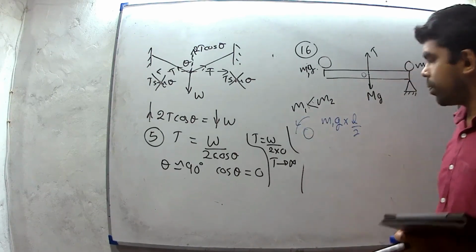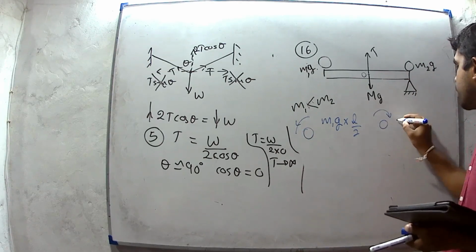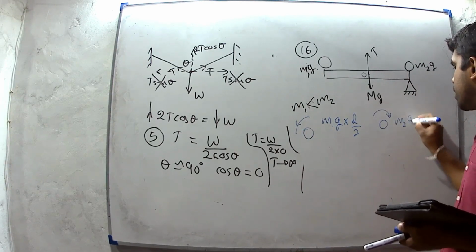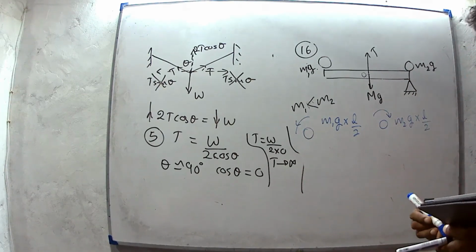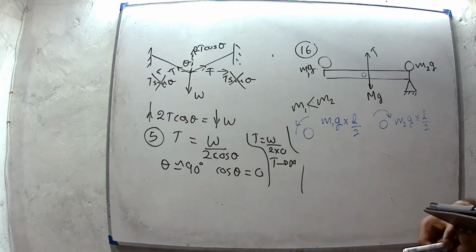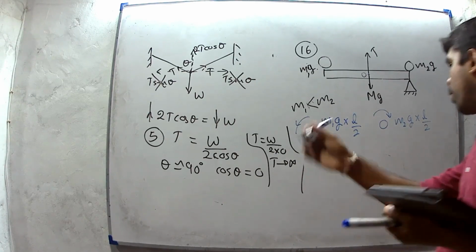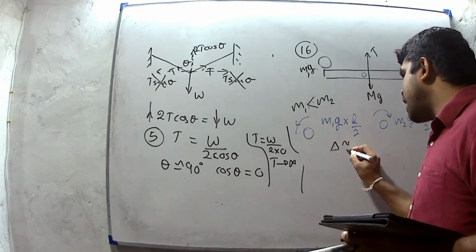In the opposite direction, torque around O, M2g into L over 2. Now there is a difference. The M2 value is greater. Therefore, I will consider the difference of torque as delta torque.